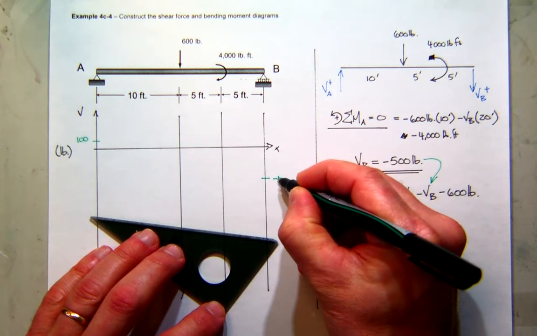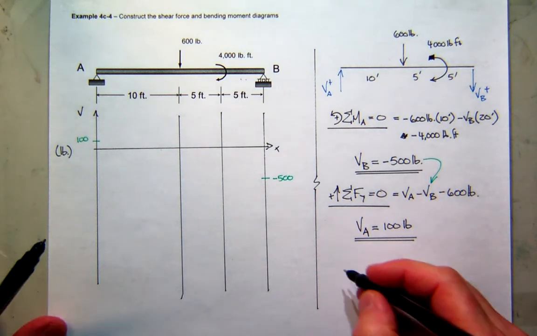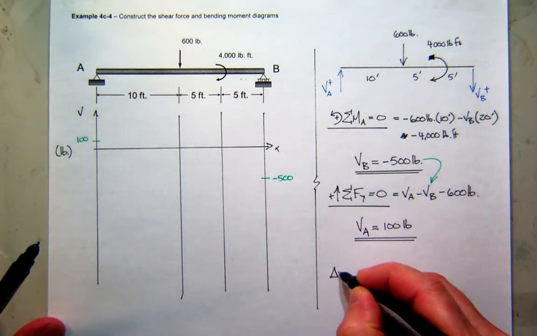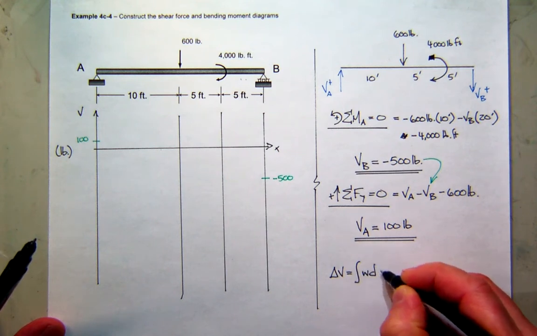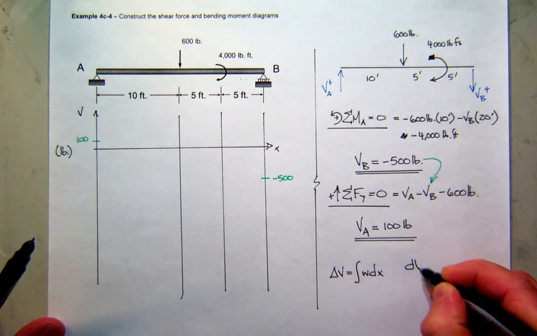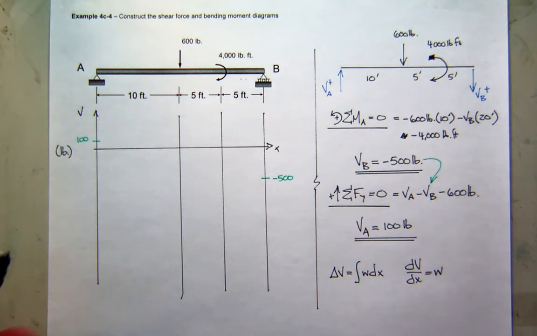So I have a beginning and an end. Now, I'm going to have to write this down here because I didn't leave myself much space, but remember, the change in shear is the area under the load curve, and the slope of the shear diagram is equal to the load.